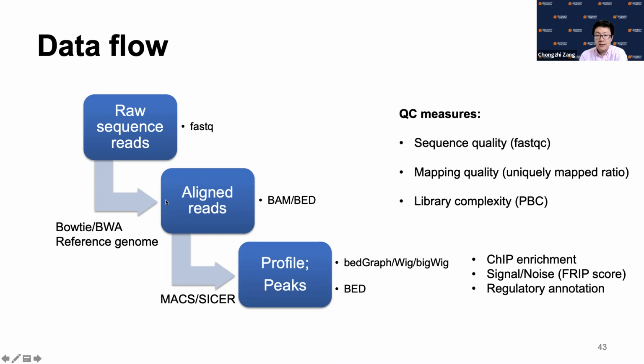All the aligned reads will have the coordinates of the reads in the genome in this format, and we use MACS or SICER to call peaks and to get both the profile for visualization as well as the peak information from the genome. I will skip the QC part. Each step in the process involves some quality control that you need to pay attention to if you are actually working on data analysis, but we'll skip it today.